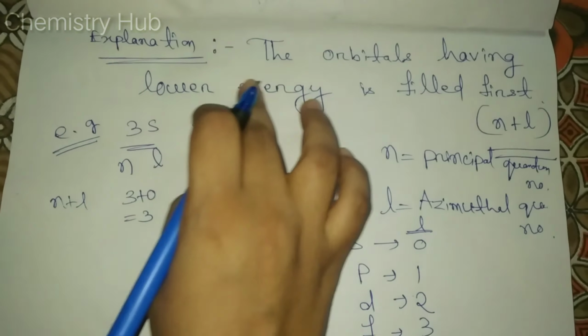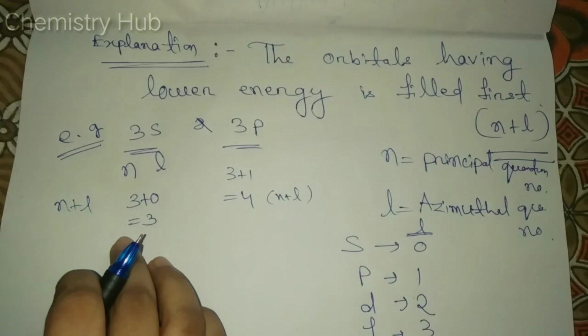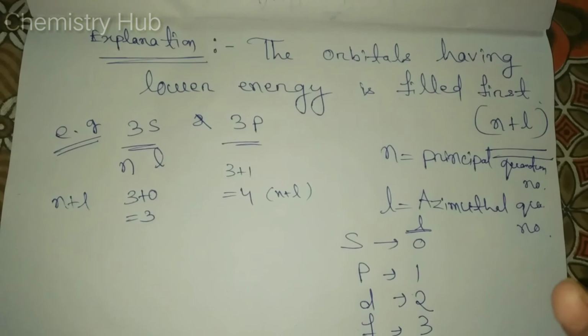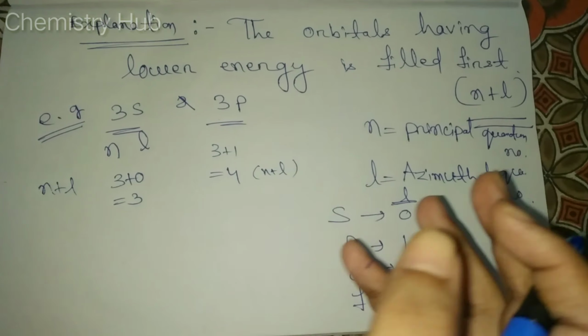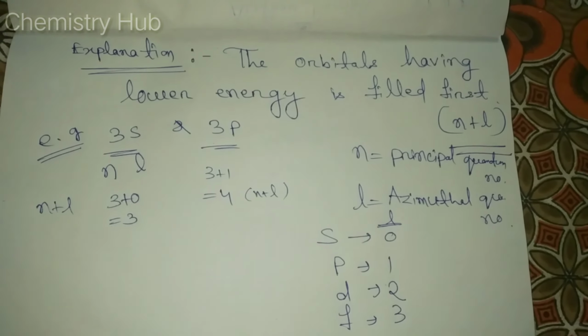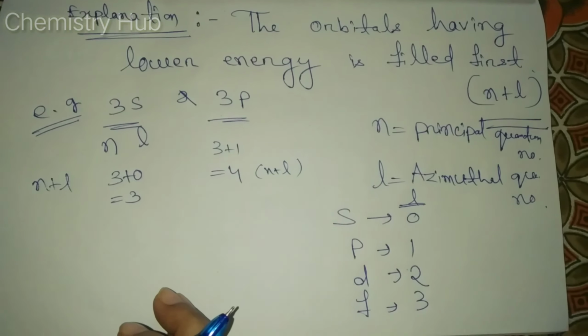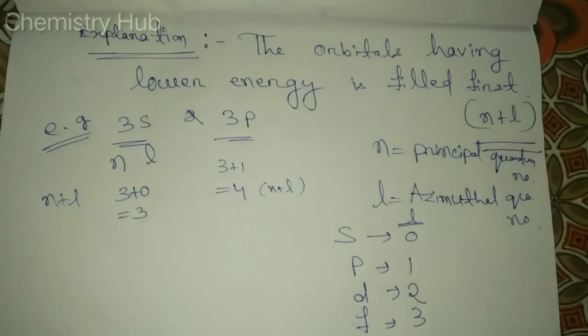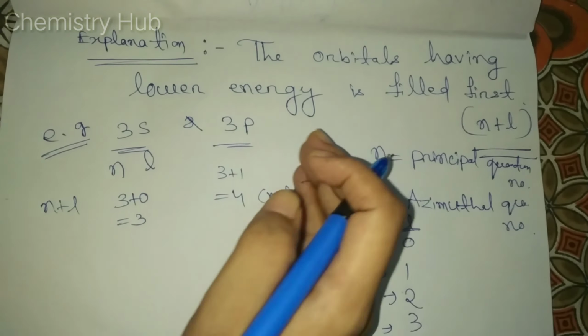So this subshell has higher energy and this subshell has lower energy. So by using the n plus l rule, you can easily define which subshell has lower energy and which has higher energy. Here the 3s subshell is filled first as the n plus l value of 3s is less than that of 3p.